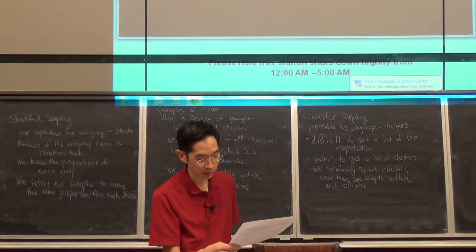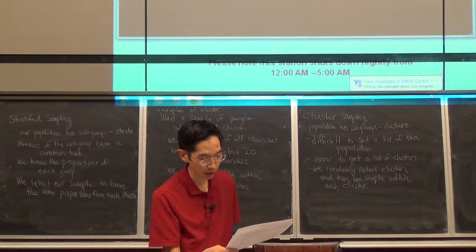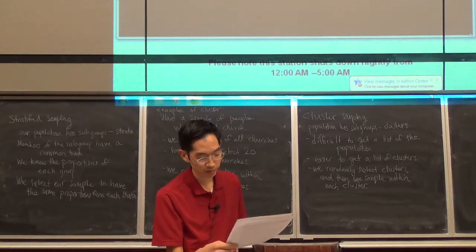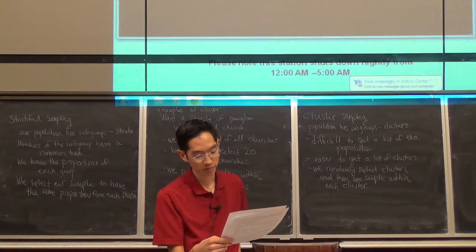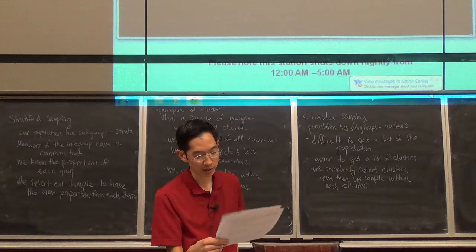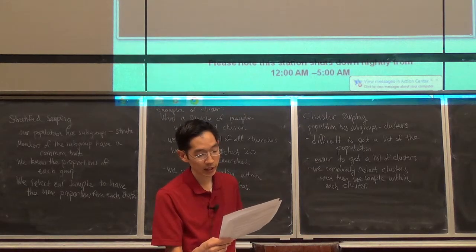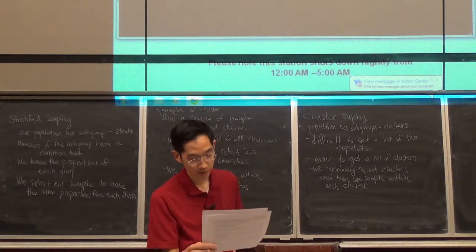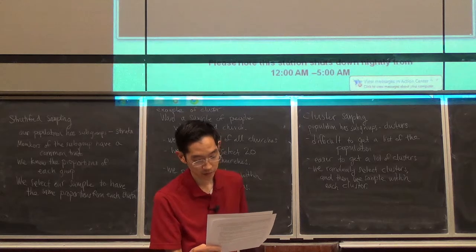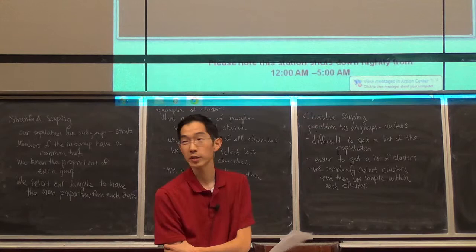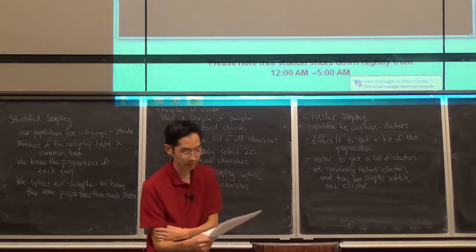The company takes its master list of everyone in the company and randomly selects 100 of them for the survey. Okay, what kind of sampling is this? Simple random sampling.